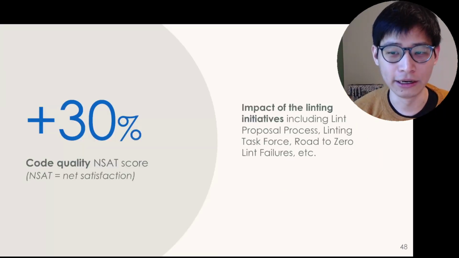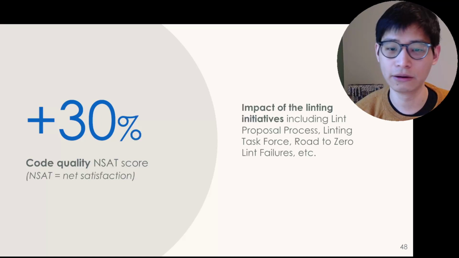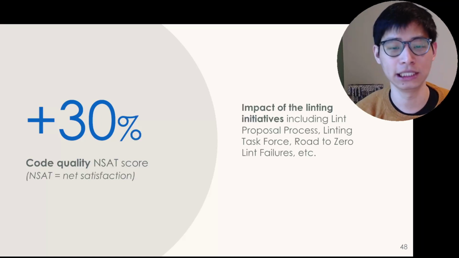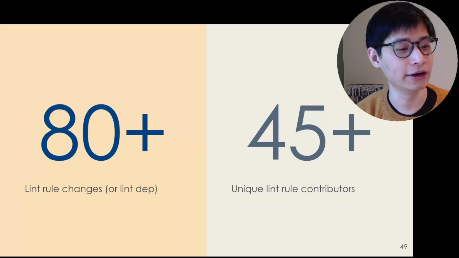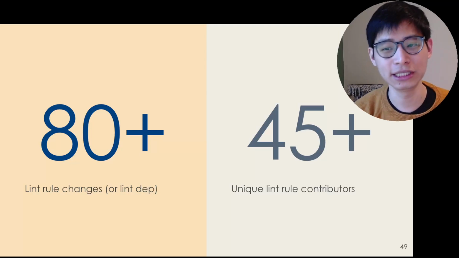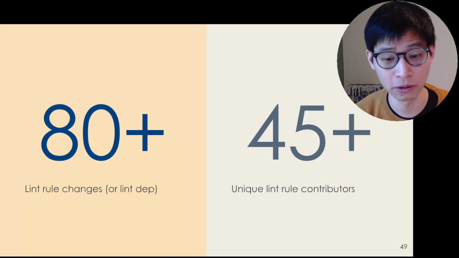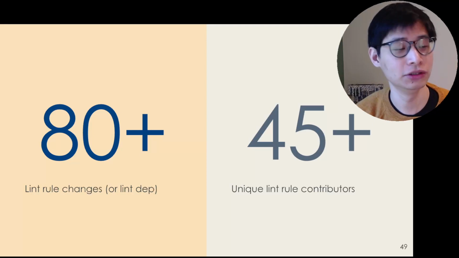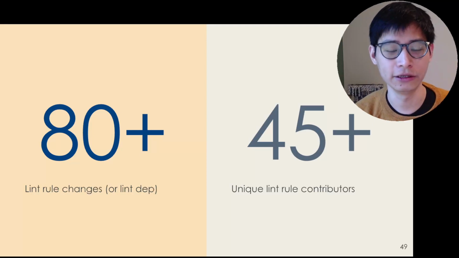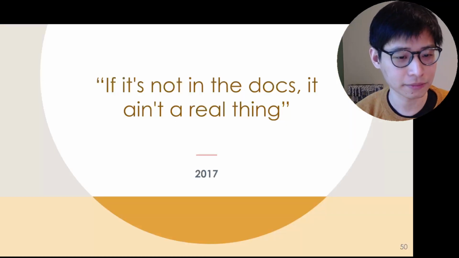We saw our code quality net satisfaction score go up by 30% with all the linting initiatives that we ran. We had over 80 lint changes in the application go through the proposal process, and 45 contributors who either created, updated, or deleted lint rules.